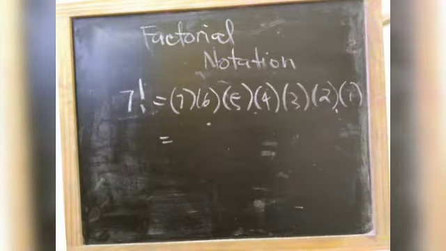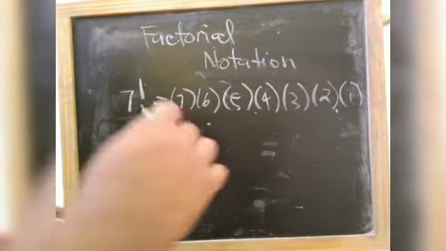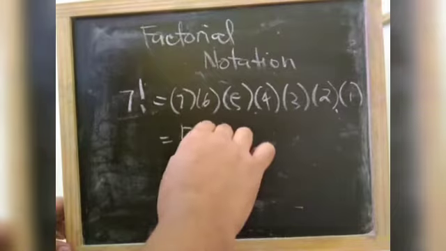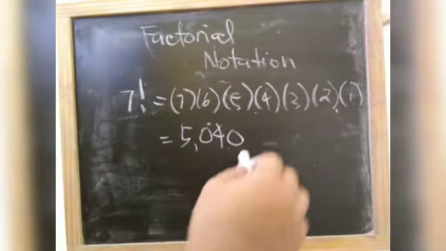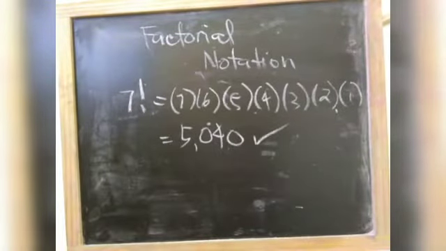Sa case na to, medyo mahirap i-compute manually or kahit mental computation, unless talagang super galing nyo, pero pwede nang gamitan dito ng calculator. So, if you're going to use your calculator, your answer there would be 5,040 and this would be your final answer. Ito yung tamang sagot.